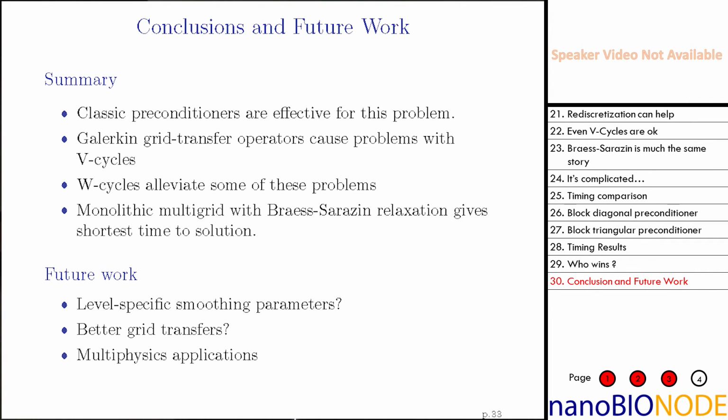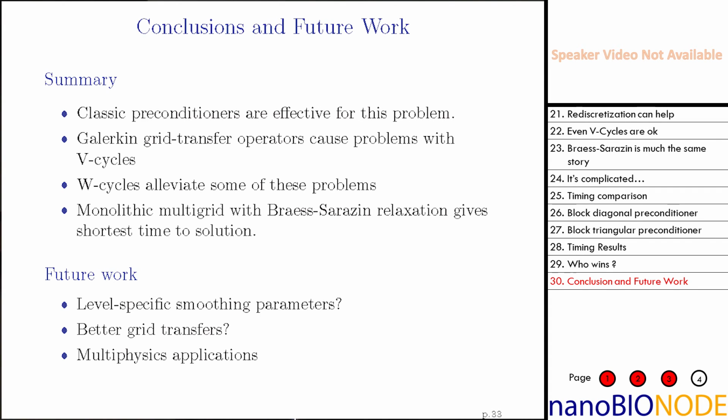So classic preconditioners can be made effective. There's some problem with the Galerkin grid transfers when you use V cycles. W cycles are able to alleviate some of this. And it's a matter of 1/10 of a second or so, but monolithic multigrid with Braess-Sarazin relaxation did give us the shortest total time to solution here.